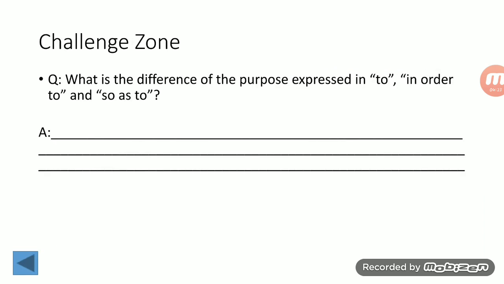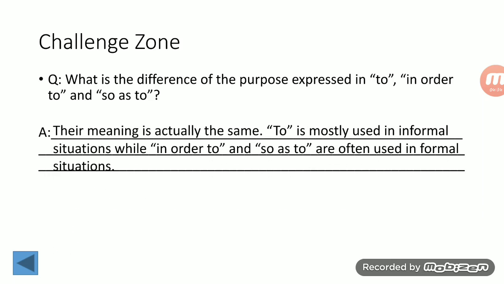So you may ask, what's the difference between the purpose expressed with to, in order to, and so as to? Here's the answer. The meaning is actually the same. To is mostly used in informal situations, while in order to and so as to are often used in formal situations.